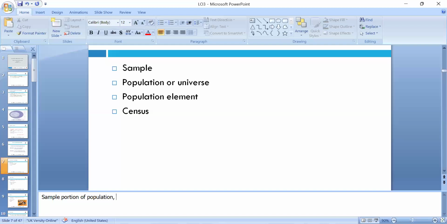The population is the whole universe you want to target. The census is normally taken every 10 years in the UK, and as I mentioned, you can look at the Office for National Statistics for research purposes.